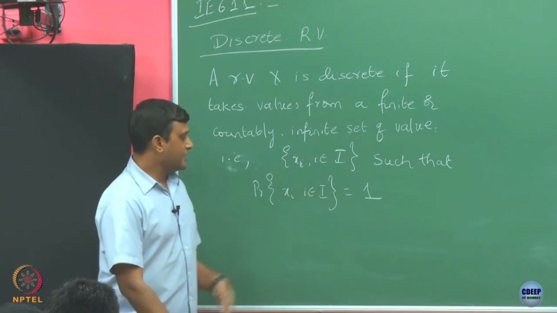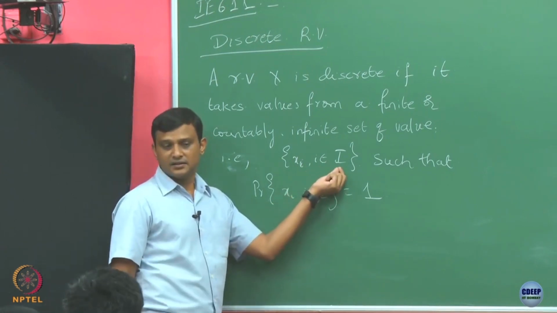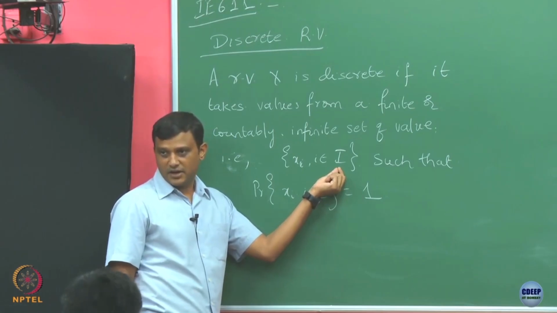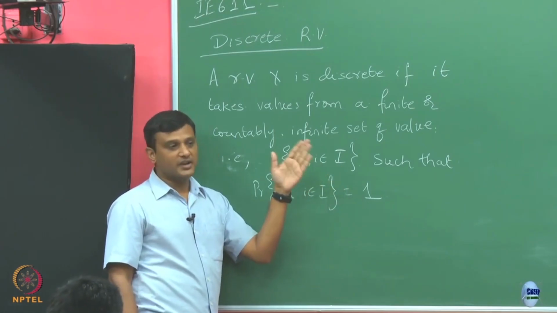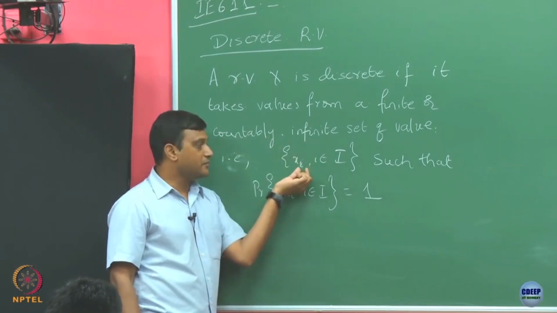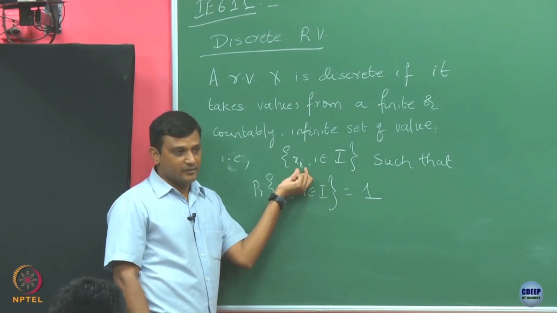Or it may happen that this I is countably infinite. For example, this I could be all positive integers 1, 2, 3, 4, 5, 6 and so on, and I have that many possible outcomes that my random variable can take.